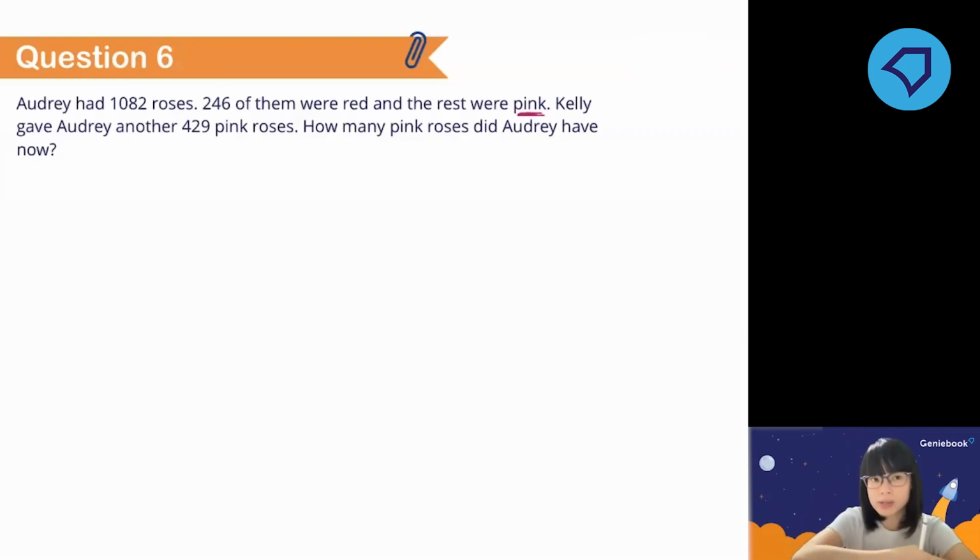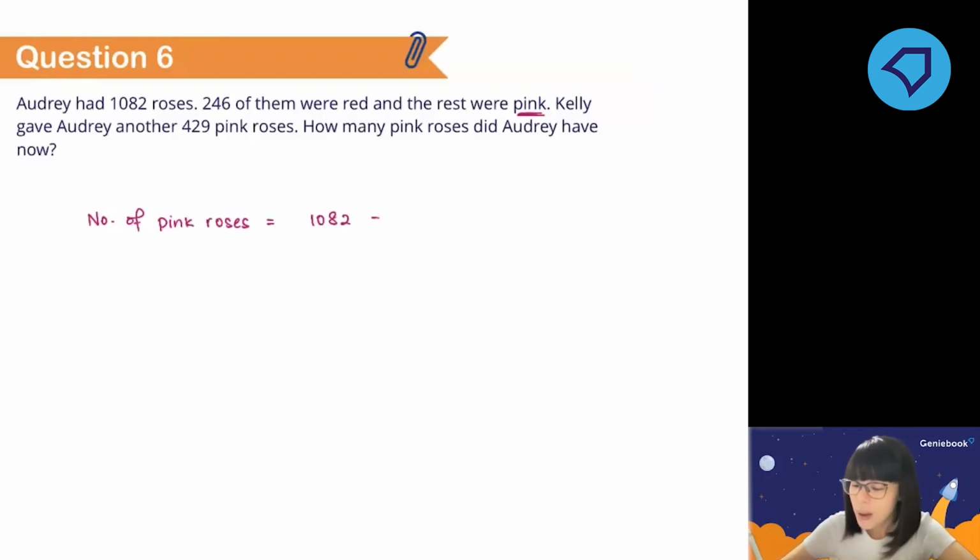Altogether, she had 1,082 roses, 246 of them were red. So we want to find the number of pink roses. In order for you to find the number of pink roses, you take 1,082 minus 246. What do you guys get?